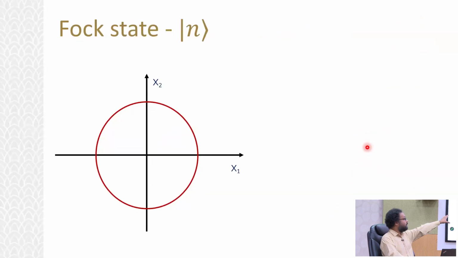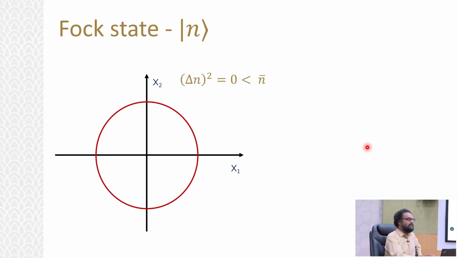Now the pure Fock state representation in the phase space trajectory is a circle. It's not a point, it's a circle which has a radius given by the square root of n. Here, of course, is an extreme case of sub-Poissonian light. The variance is not only less than the mean, it's 0.